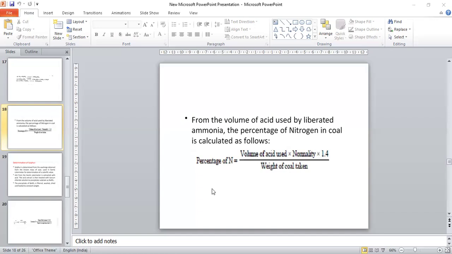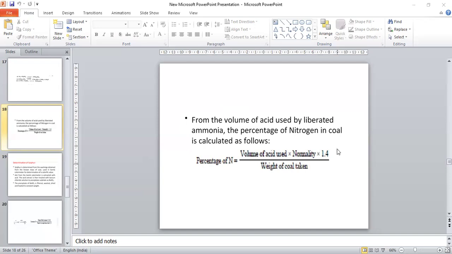How can we calculate it? The percentage of nitrogen is equal to volume of acid used into normality of acid, by the weight of coal sample taken, into 14 by 1000, into 100.